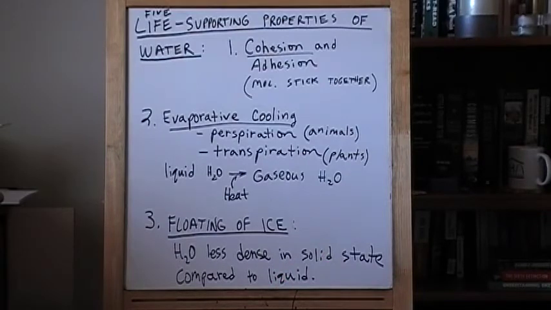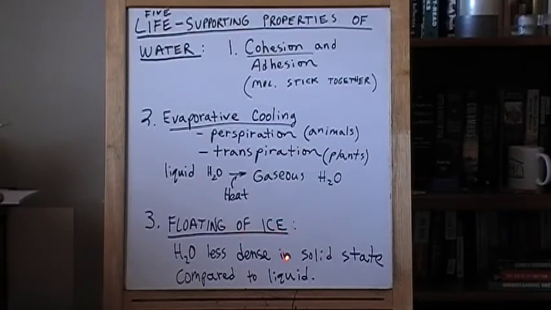So this is because in the solid state, when water freezes and becomes ice, the hydrogen bonds elongate and become longer and more rigid, and that separates the water molecules from each other more than they would be in the liquid state, where the hydrogen bonds are constantly forming and breaking.